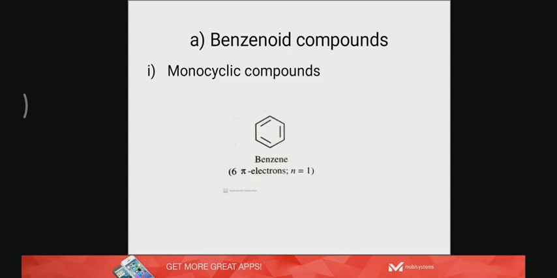And if you think where this Hückel number comes from, I have already told you it is based on molecular orbital theory. In the discussion of the structure of benzene, we have already learned that in the molecular orbital diagram of benzene, if you consider the pi molecular orbitals, there are 3 bonding MOs for benzene and all the 3 MOs are completely filled. So for filling all the bonding MOs, benzene requires 6 pi electrons.